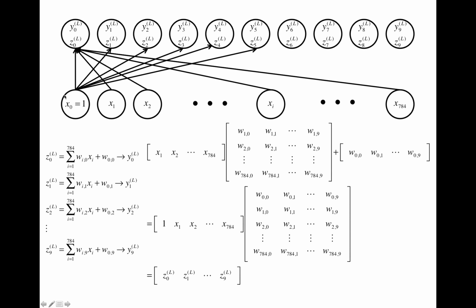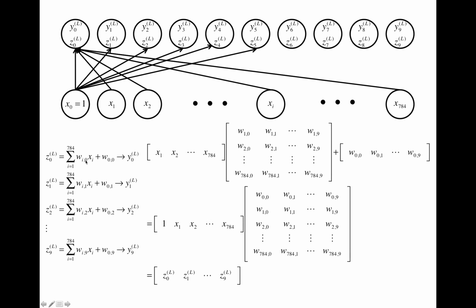So let's first take a look at the logit z0, this particular term. Let's denote the weights associated with all the connections coming into z0 as wi0. So wi0 denotes the weights associated with all the connections coming into this particular neuron.